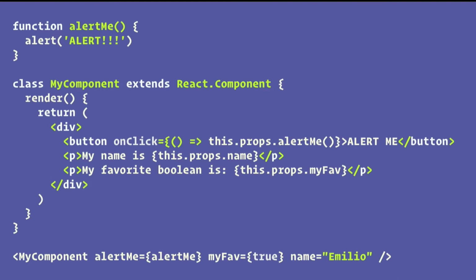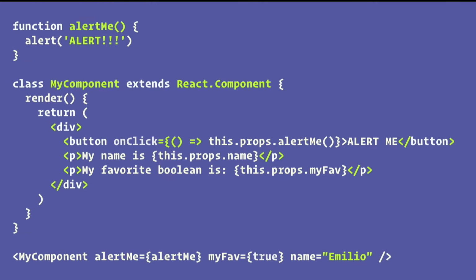So inside our component, MyComponent, you see where Emilio is there, the paragraph: My name is this.props.name. Since we pass this in as a prop, it's available to this component under this.props.name. So this.props.alertMe should be that function.